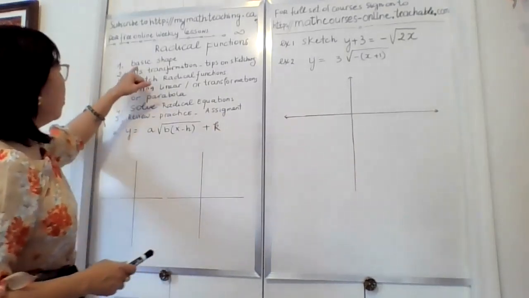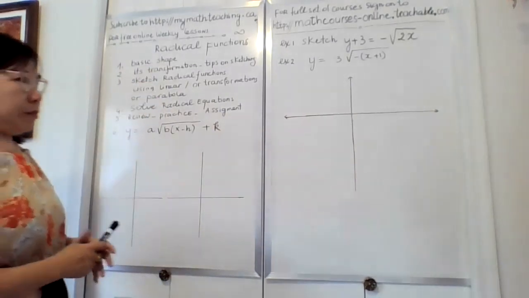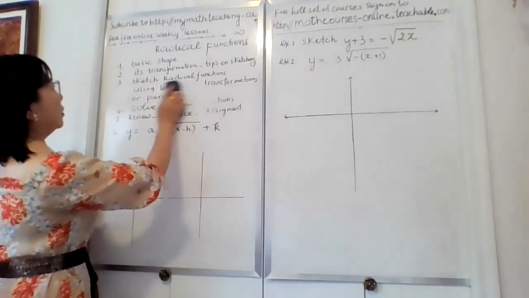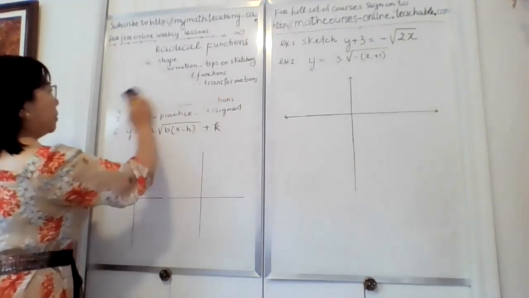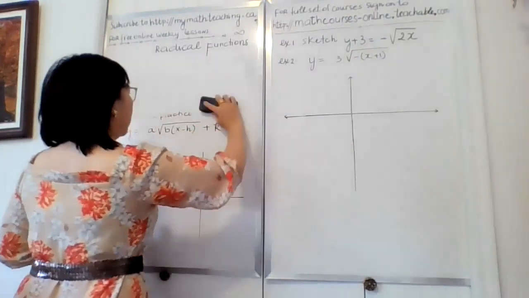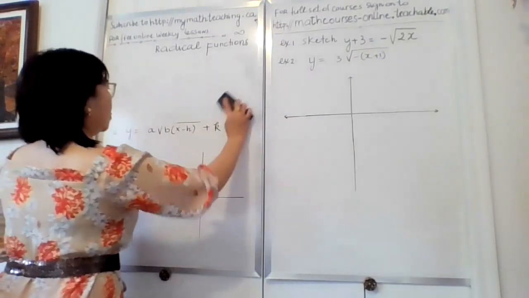So first, I will show you the basic shape of the radical function. And then we will talk about the transformation. So let me have some more room here to show you.